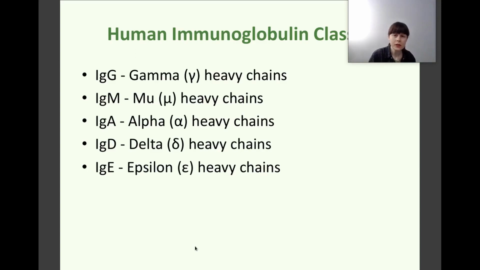Here are 5 classes of immunoglobulins. The classes of antibody molecules are also called isotypes, and they are named by their heavy chains. Immunoglobulin G, gamma heavy chains; immunoglobulin M, mu heavy chains; immunoglobulin A, alpha; immunoglobulin D, delta; and immunoglobulin E, epsilon.